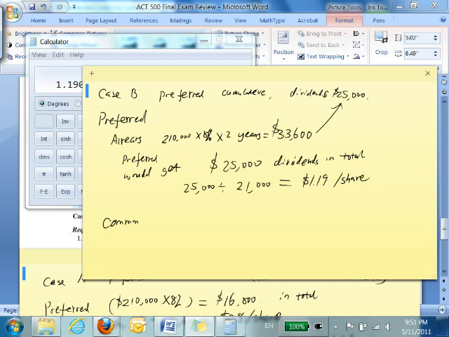For common stock, no dividends. Zero. All the dividends go to the preferred stock owners.